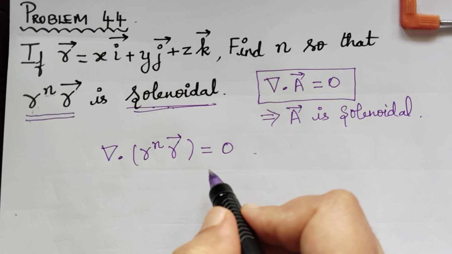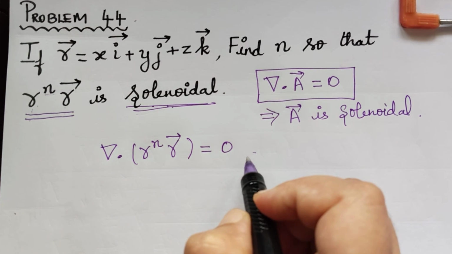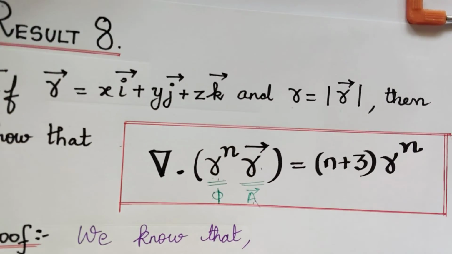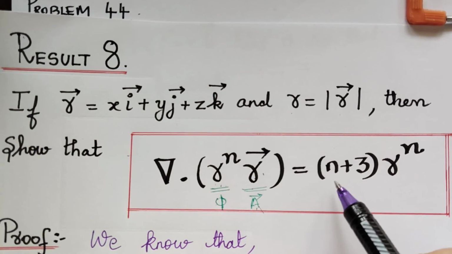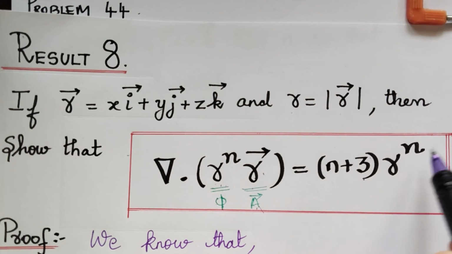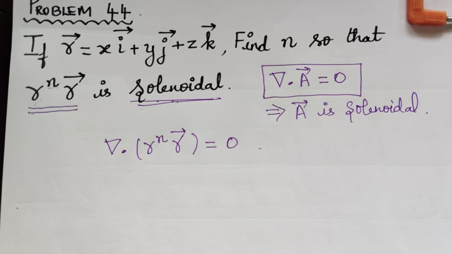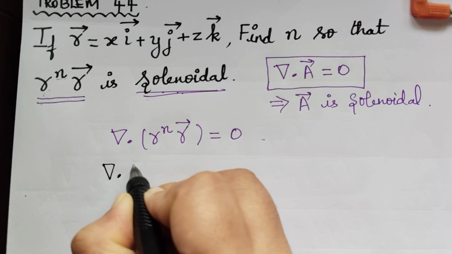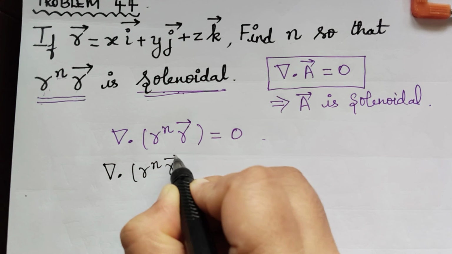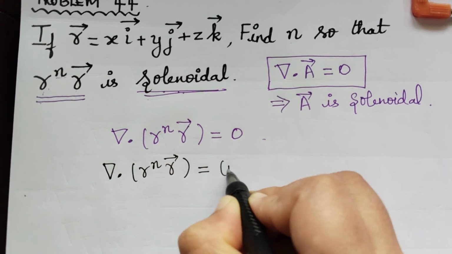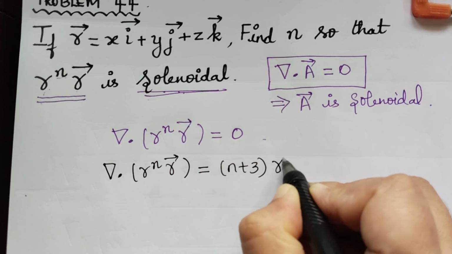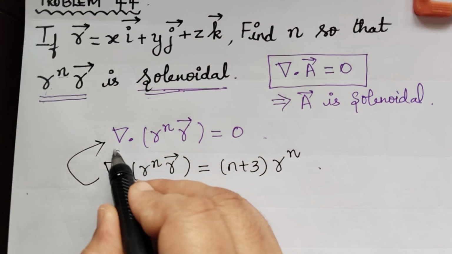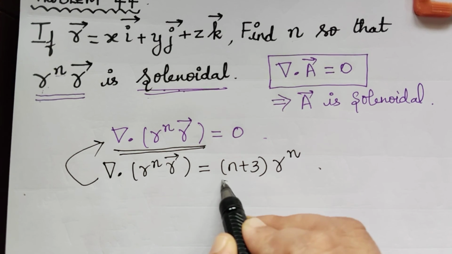Now the result that we proved just now, from that we obtained that del dot r to the power n r vector is equal to n plus 3 multiplied with r to the power n. So let us make use of this result here. Instead of this we can substitute this.